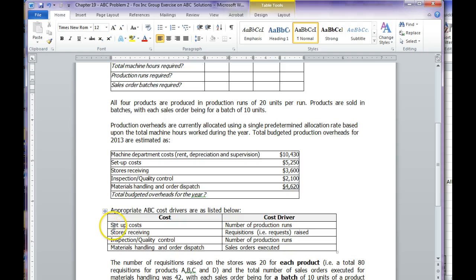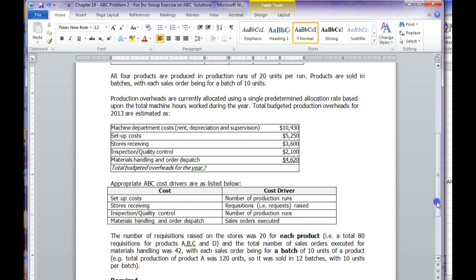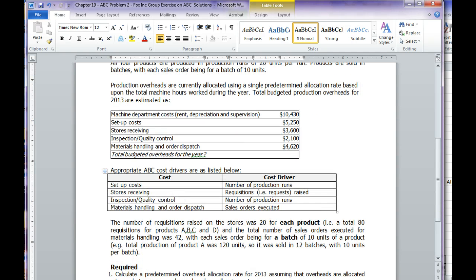And then down here, they're talking about your ABC cost drivers. This gets a little complicated. This is where people's eyes start going a little bit crazy. So you've got to bear with us here. We have the setup costs. Using ABC, we're going to allocate that number, which is this number here, by number of production runs. Luckily, we calculated that already.